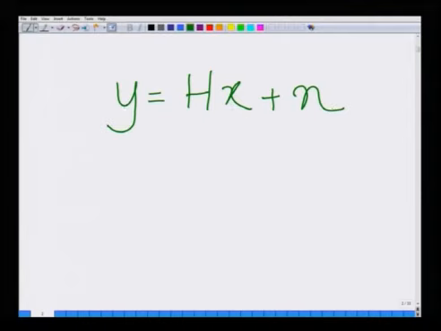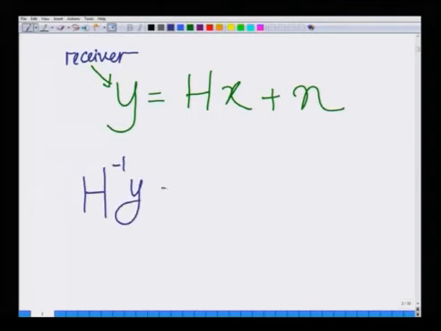Now, one simple receiver to use in this case is, at the receiver, once I receive y, I will invert the channel matrix. I will perform H inverse y, that is equal to H inverse times H, which is identity, times x, hence this is x plus H inverse n.